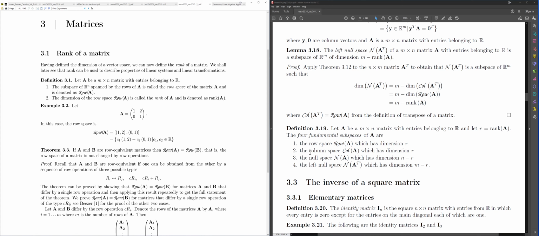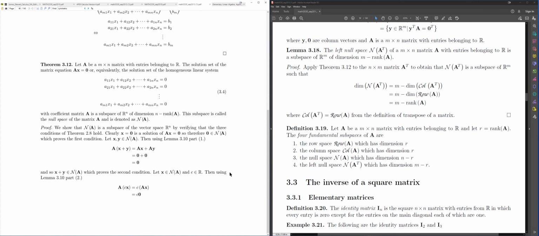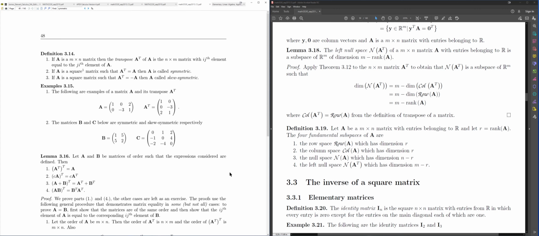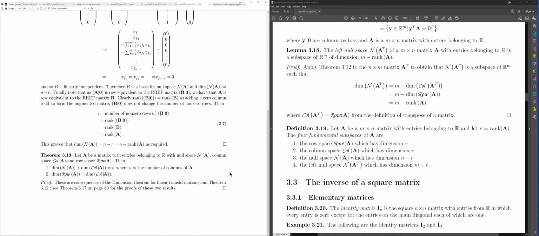The second one over here is that the column space of A has dimension r, and that comes from this theorem here, that the dimension of row space of A is equal to the dimension of column space of A. So if the dimension of row space of A is r, and the dimension of column space is equal to the dimension of row space, then obviously the dimension of column space is equal to small r.